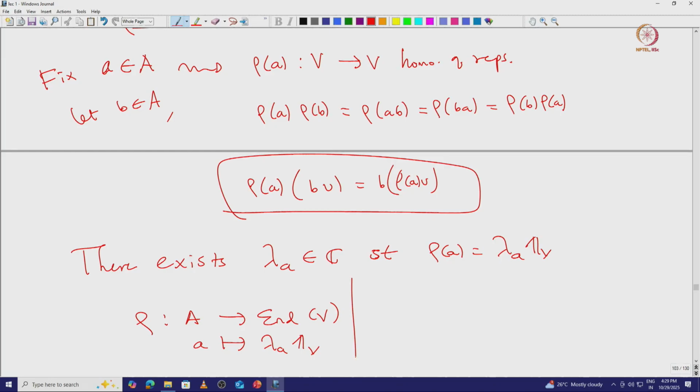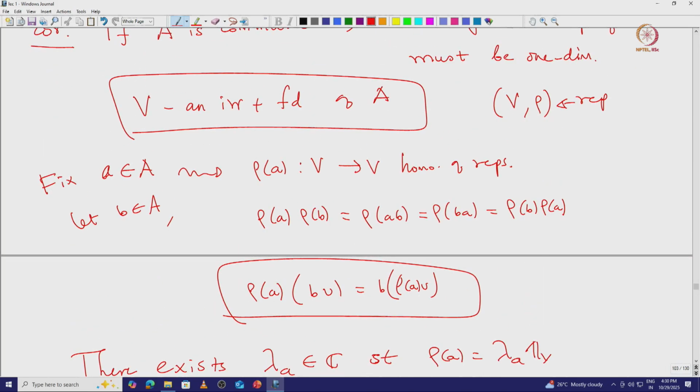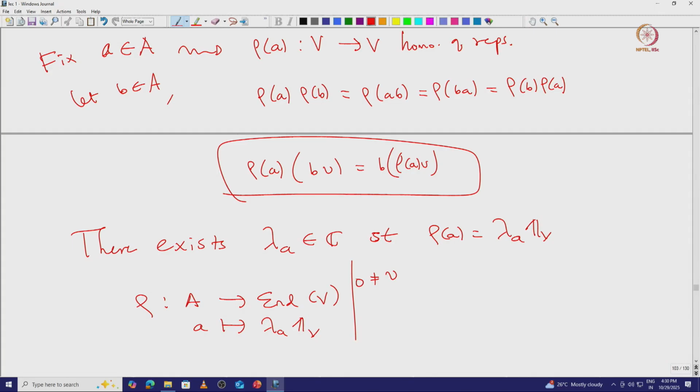Now, you can see that any subspace of V is indeed a subrepresentation of V. We simply take a vector. Since V is irreducible, V must be non-zero, so we can pick a non-zero vector v from capital V and consider Cv. We claim this is a subrepresentation of V. Since V is irreducible, that would immediately force V to be equal to Cv.